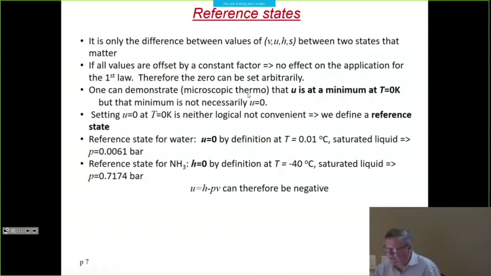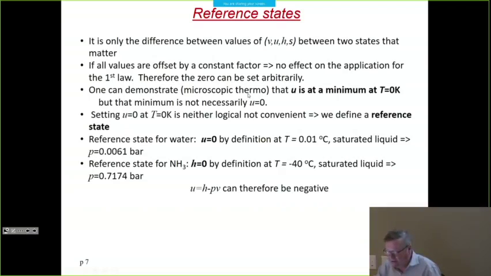That is a principle of thermodynamics, but it is of no consequence to you. It's just a fact. So now, actually setting U at 0 Kelvin is not particularly practical because we're going to be using around room temperature or even at temperatures far above room temperature. So it is just as practical to define a reference state in an arbitrary way.